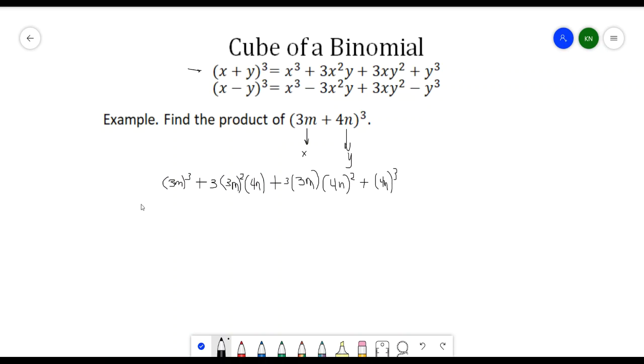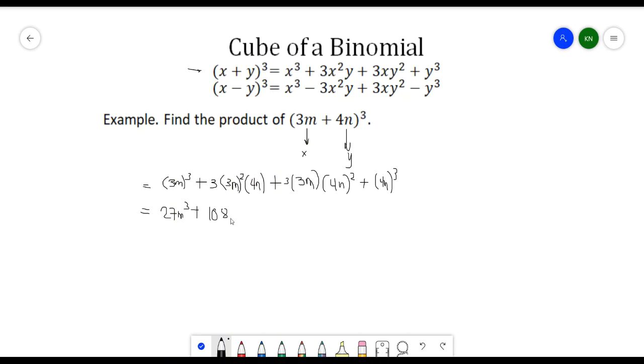Now simplifying, we have 3 cubed, that is equivalent to 27m cubed. Then we have 3 squared, that is 9, multiplied by 4, that is 36, multiplied by 3, that is 108.